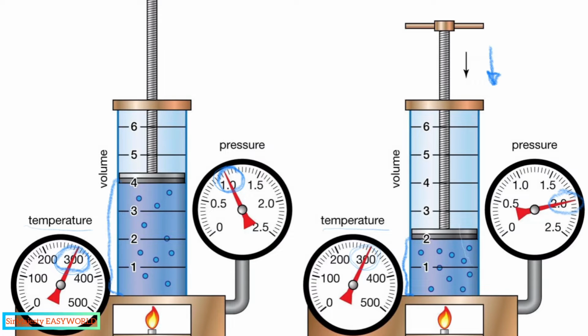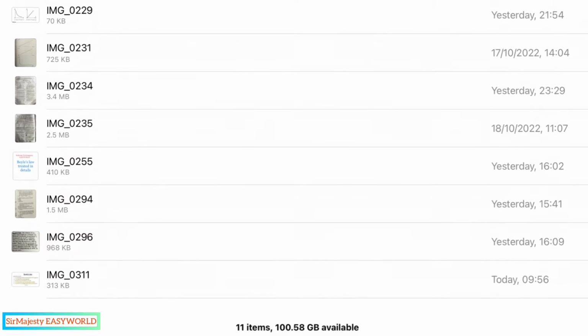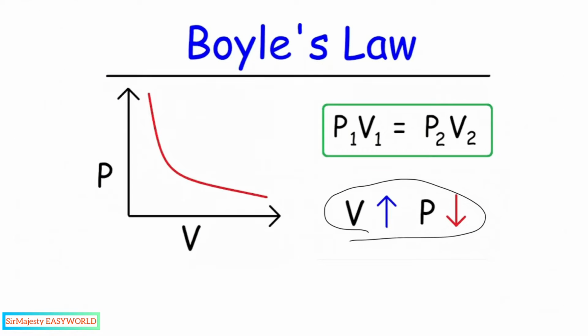The next thing we look at is the graphical representation of Boyle's law. We have this one here.